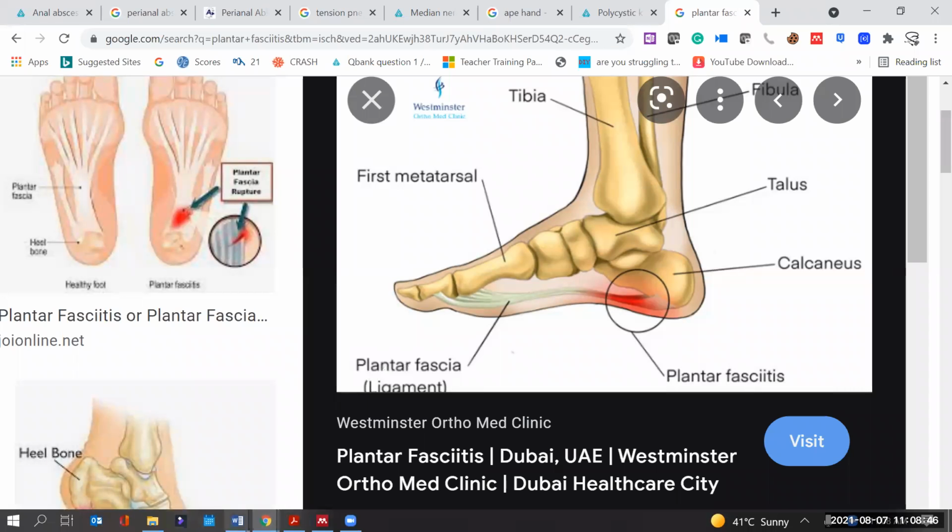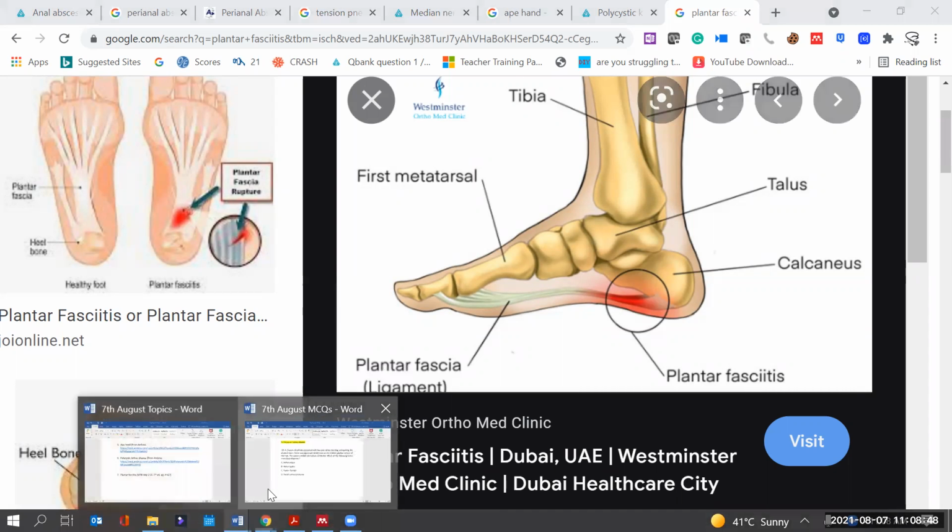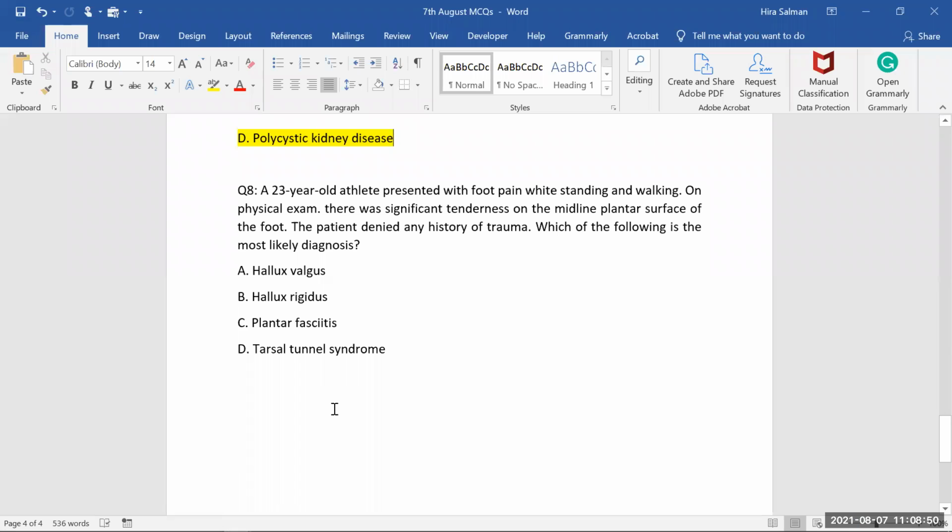Okay, and what is the next one? Tarsal tunnel. Here you will see compression of the nerves. It has nothing to relate to this. Which nerve is compressed in tarsal tunnel? It's an important question: the posterior tibial nerve. The posterior tibial nerve is compressed in the tunnel. That can cause pain all over the foot, and usually the presentation is pain, tingling sensations or numbness in the foot.